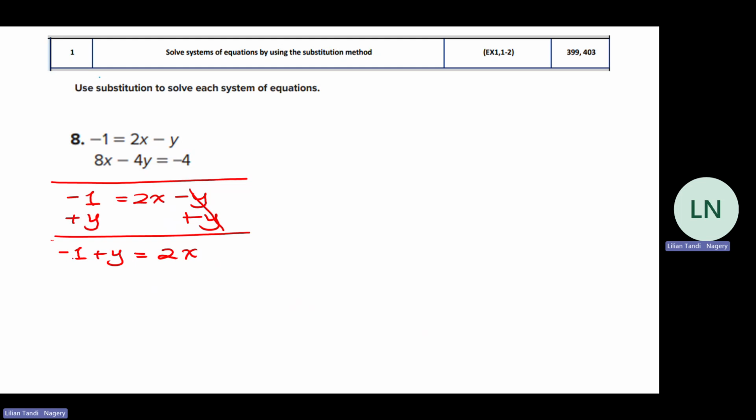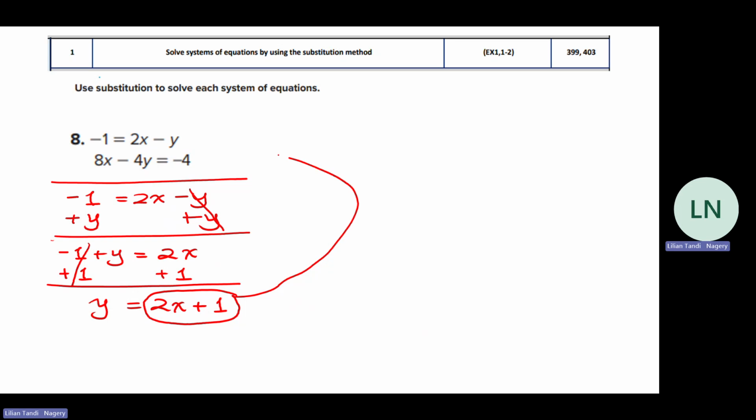Then I will move negative 1 because I want my equation to start with y. So I will add 1 on both sides, okay? So y equals 2x plus 1. They are not like terms. I cannot add them, okay? Then I will take this to my second equation to the y.